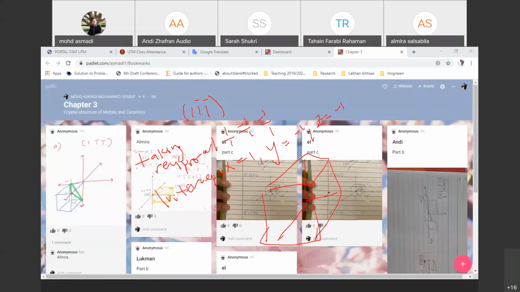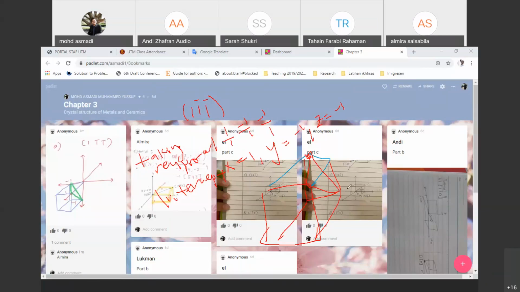So the answer should be similar. Where's your origin actually? Is it the original origin, right? So this one as well as this one.